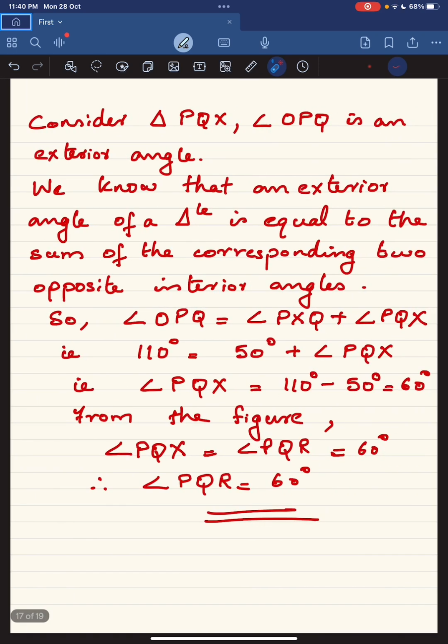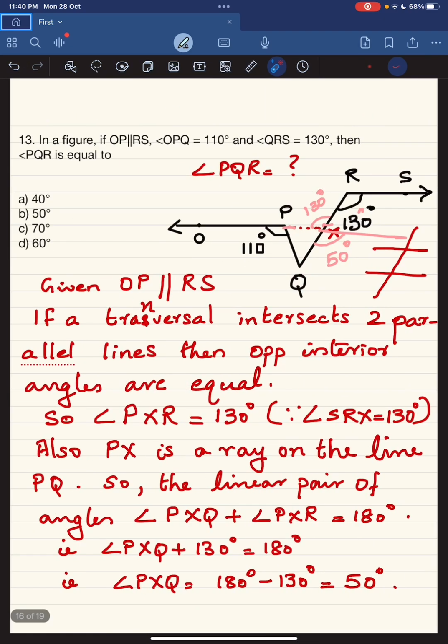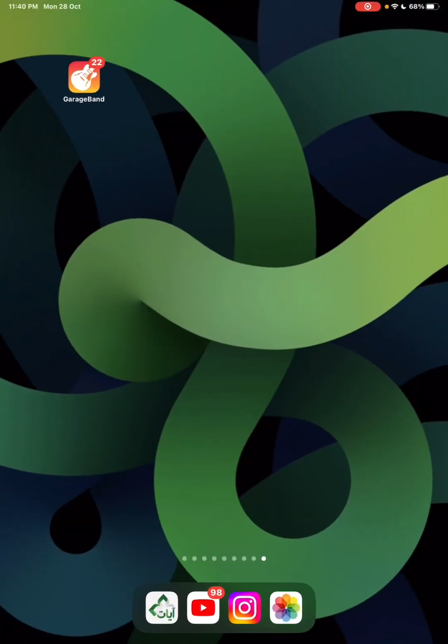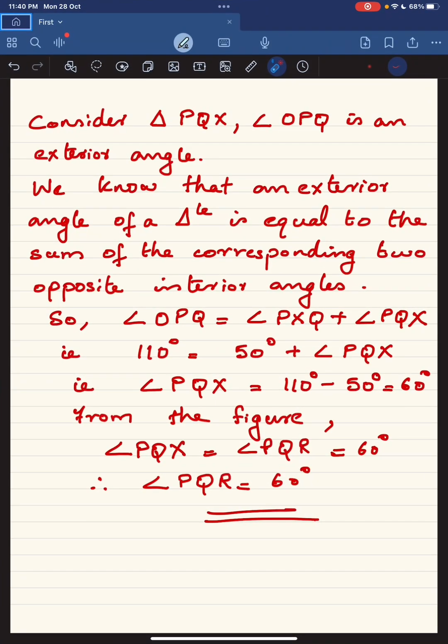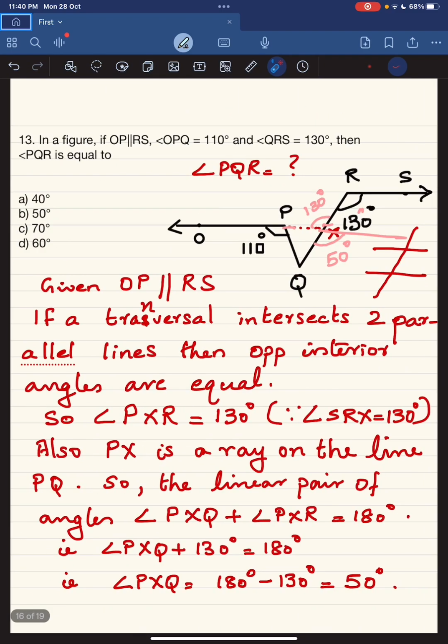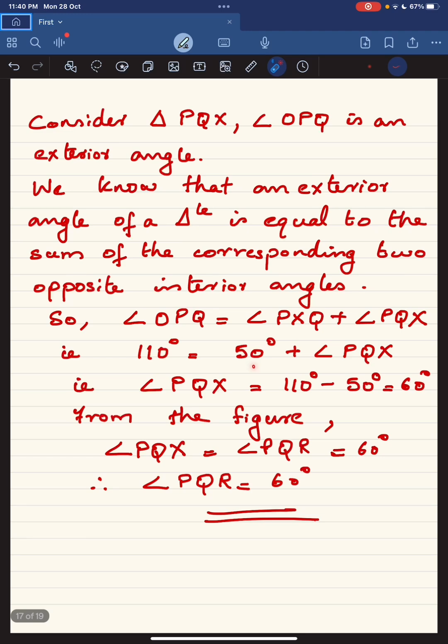That is, 110 degrees is equal to angle PXQ, which we found before as 50 degrees, plus angle PQX.